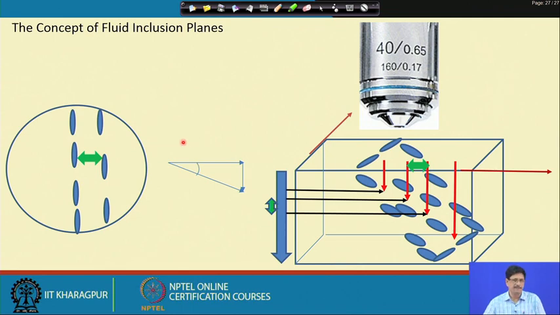So, with this little bit of discussion on the application of fluid inclusion studies to natural samples, where there are indications that the samples or the terrain has been subjected to later deformation, and that the inclusions which were trapped in the original conditions were subjected to evolution on non-isochoric paths, we gain some important insights from such kind of experimental work.